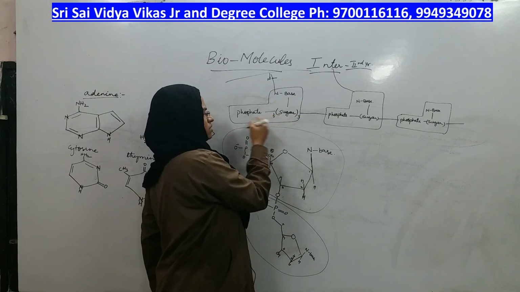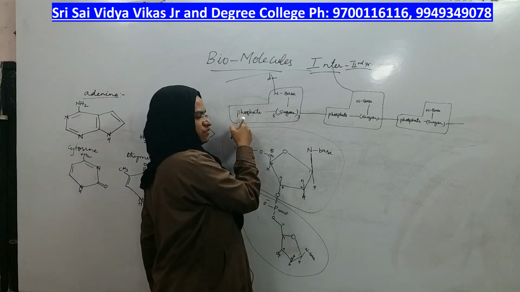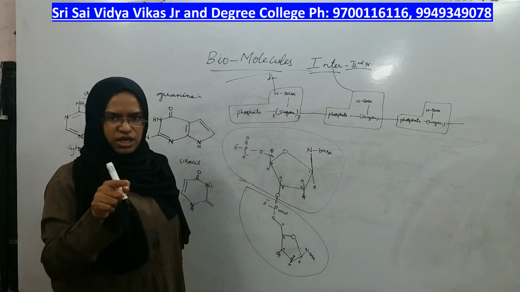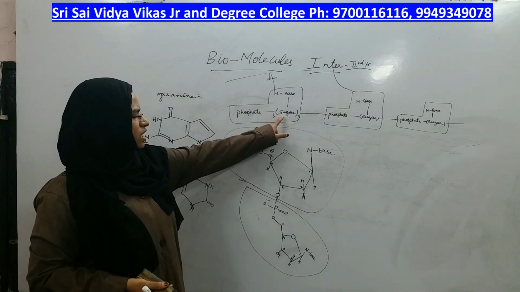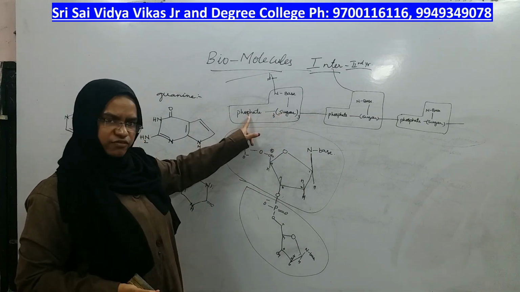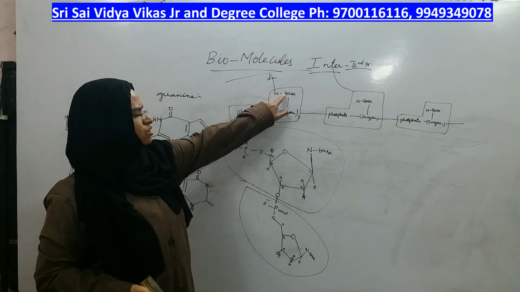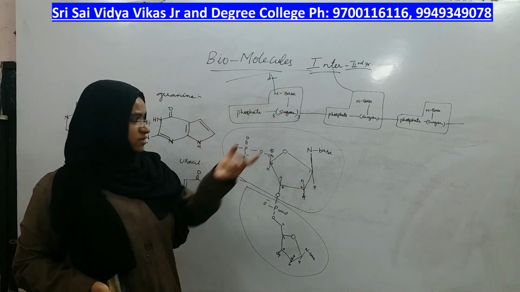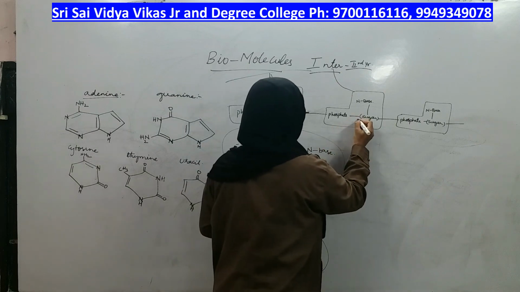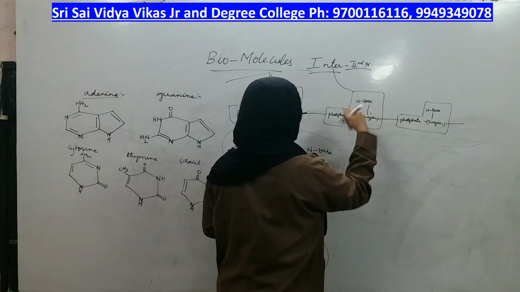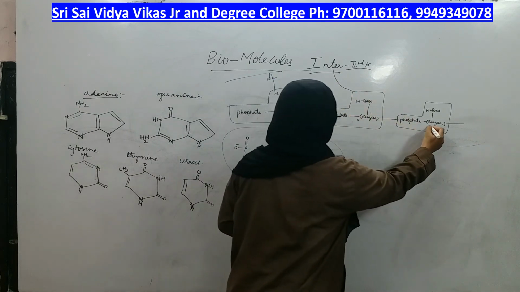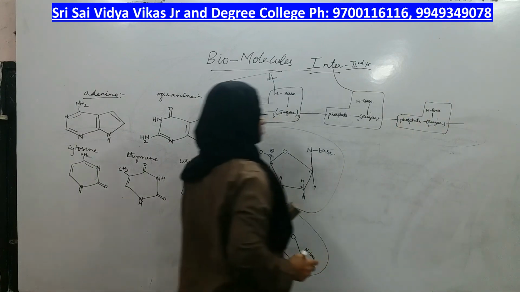From the fifth carbon it forms a bond with the phosphate of its own nucleotide only, and from the first carbon with its nitrogen base. All of them are like that only: fifth carbon with phosphate, first carbon with nitrogen base, right?